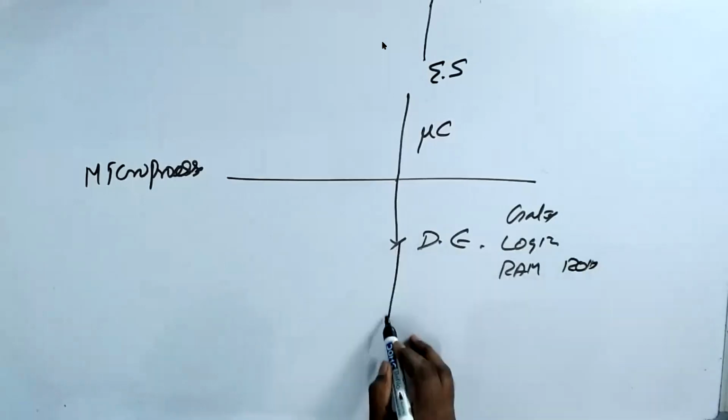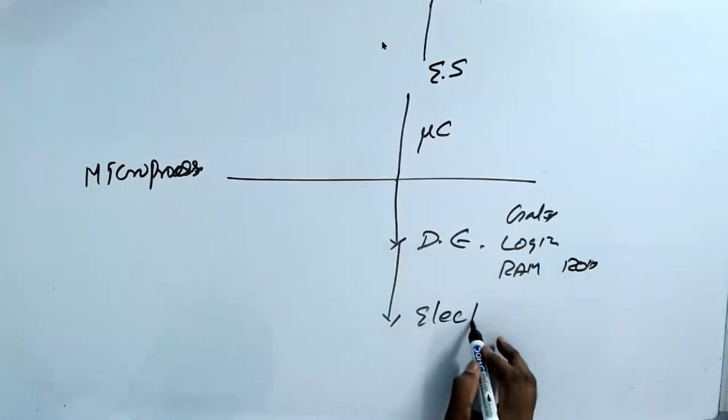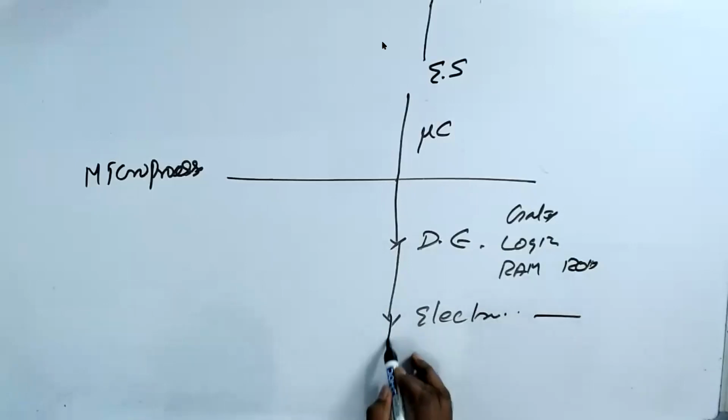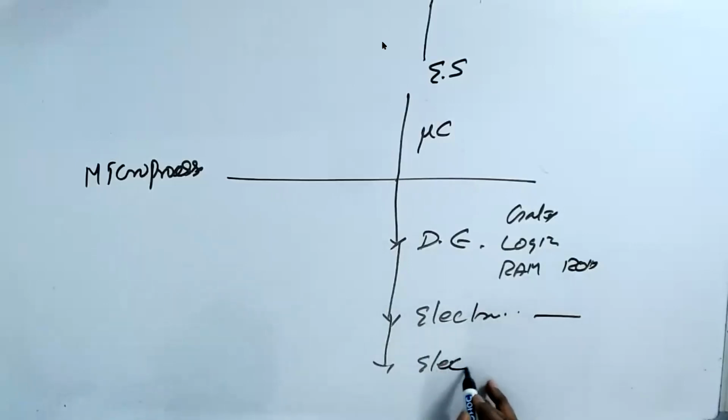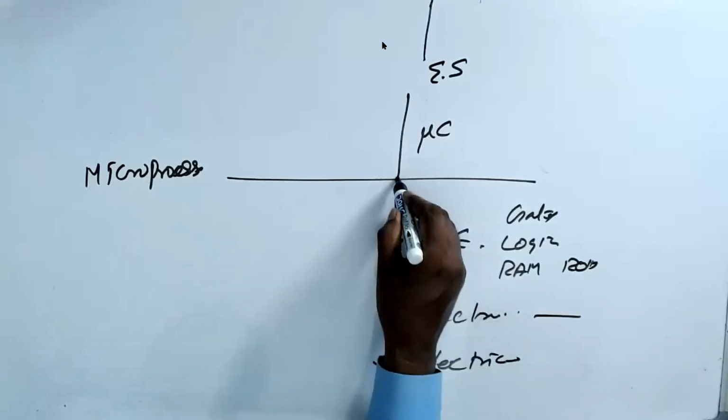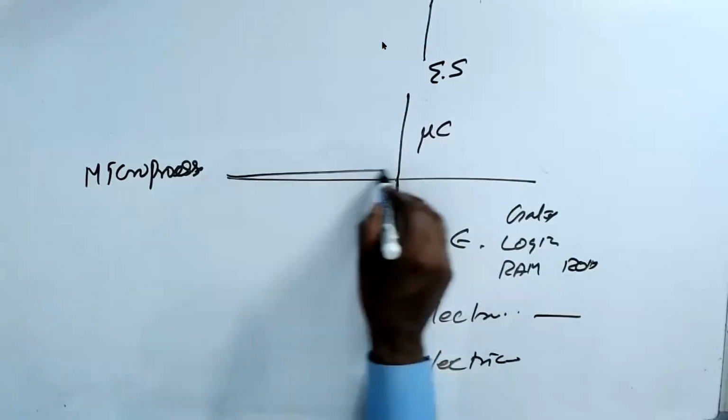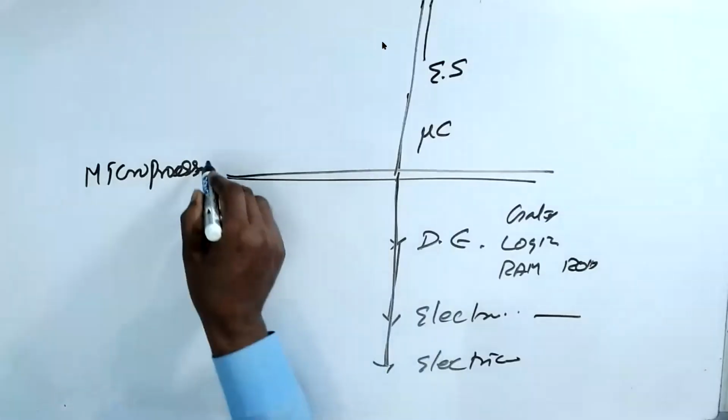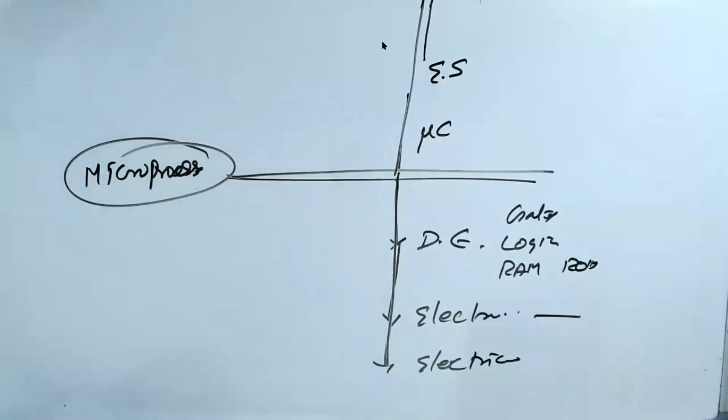Then we go down to electronics. What is electronics? Then we go down to what is electrical. So we divide the whole thing around the center, and we started from here. The normal approach used to be from the bottom, but that does not work. That I've seen.